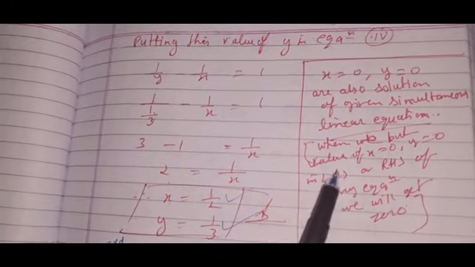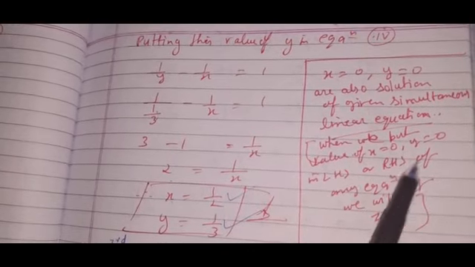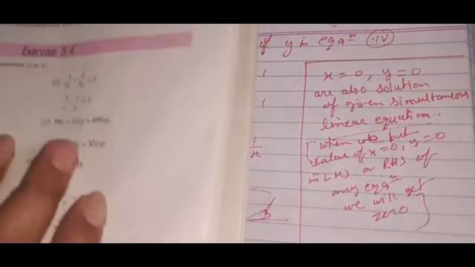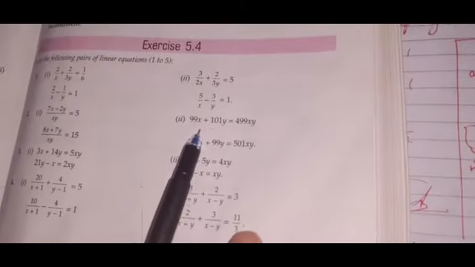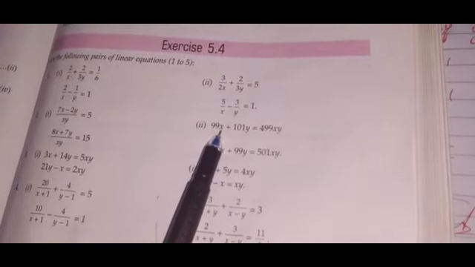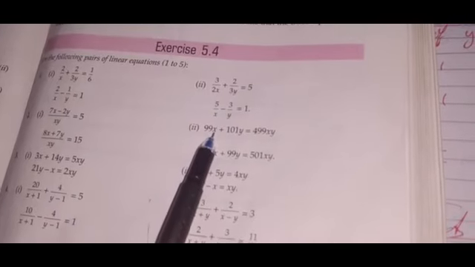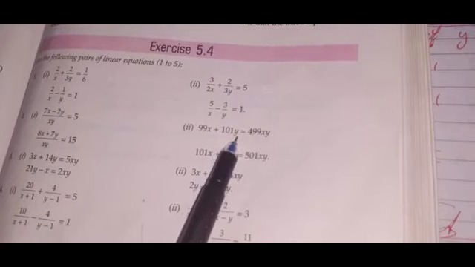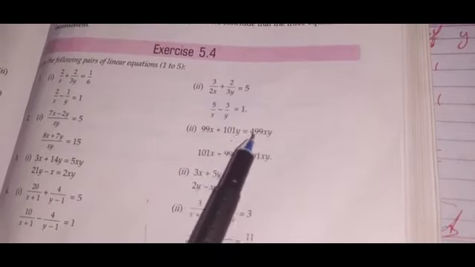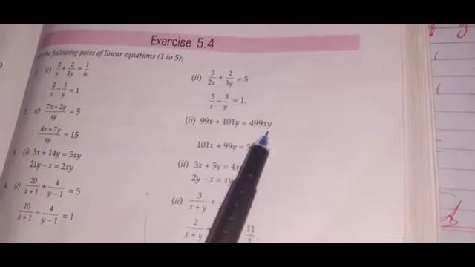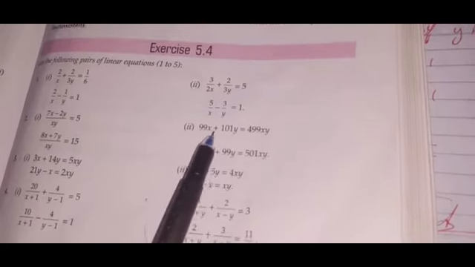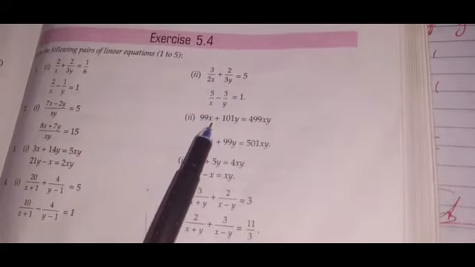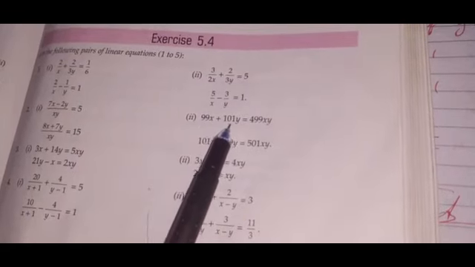When we put x equals 0 and y equals 0 in the LHS or RHS of any equation, we will get 0. You see children, whenever you see a term with x as a variable, a second term with y as a variable, and the third term, which may be a constant, also in the form of some variable, and they are both multiples of the previous variables, it means if we put 0 here, 99 into 0 is 0, 101 into 0 is 0.